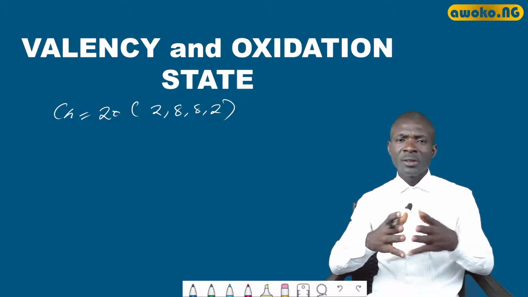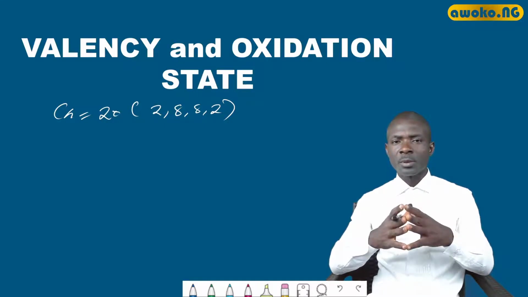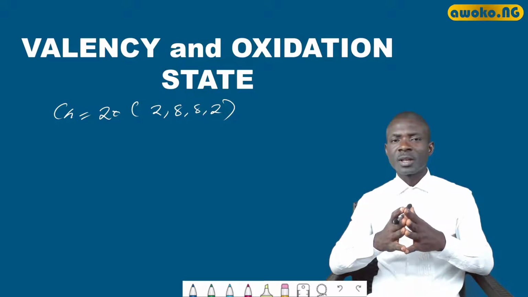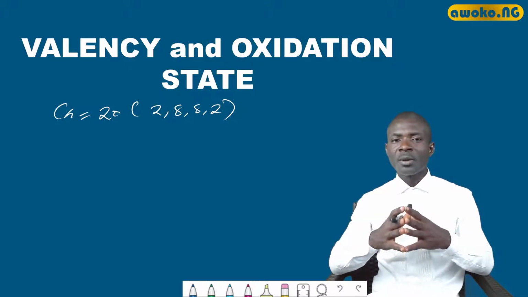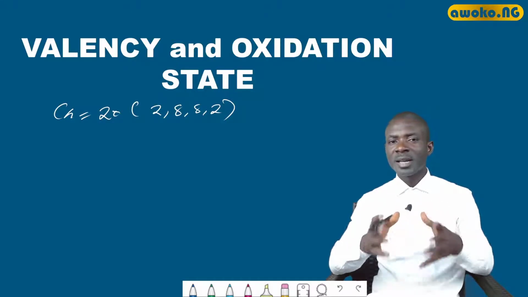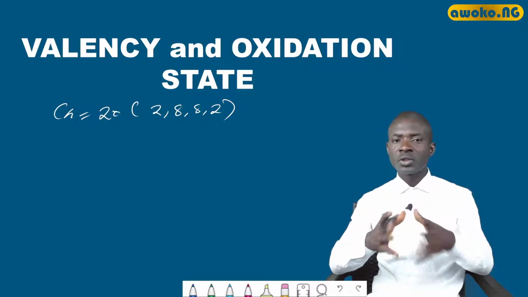Now, having talked about that, what happens to group 3 elements? Example, aluminium. Aluminium has a valency of 3, while group 4 elements have valency 4. Common example of group 4 element is the element carbon, with 4 valence electrons. Elements in group 5 have valency of 5 or 3.